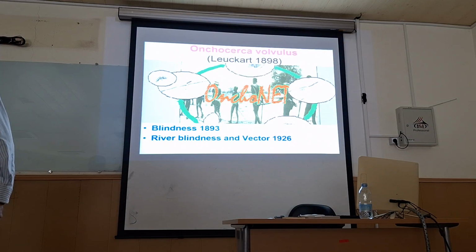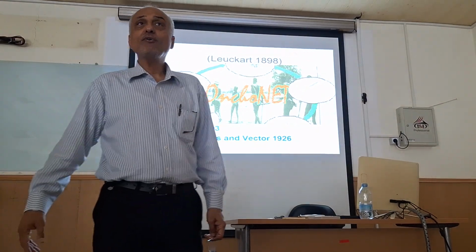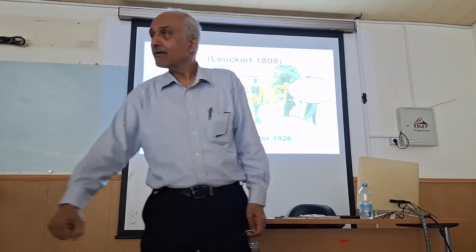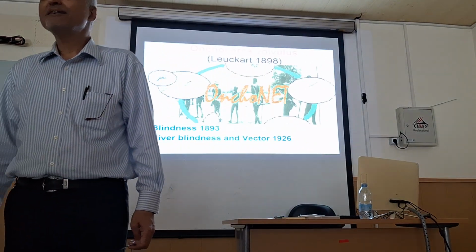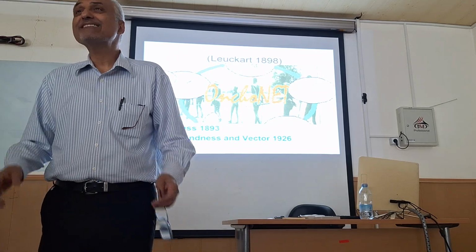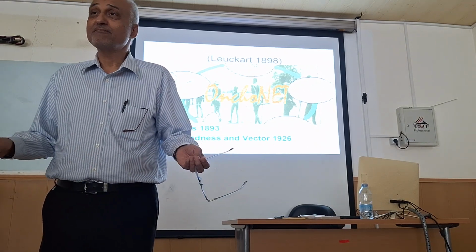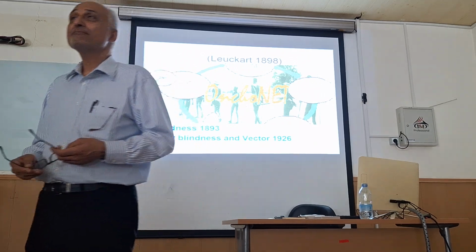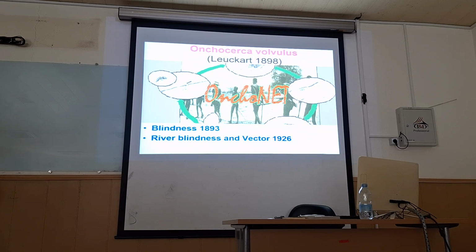There are two or three blind people and one young boy directing them. Up to that time the boy is not blind, but maybe some years after that he will also be blind because of Onchocerca volvulus. This is very important. Blindness.